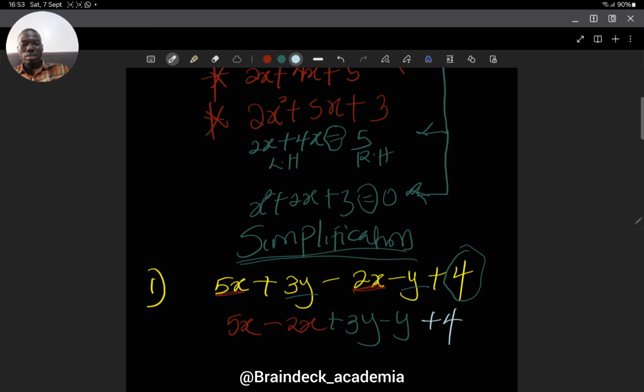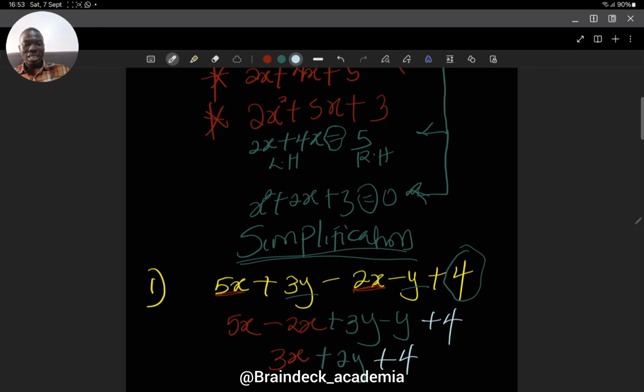So now 5x minus 2x will give me 3x. Then plus 3y minus y will give me plus 2y. Then the plus 4. Now, before I even conclude, is there anything we can do on this particular expression?